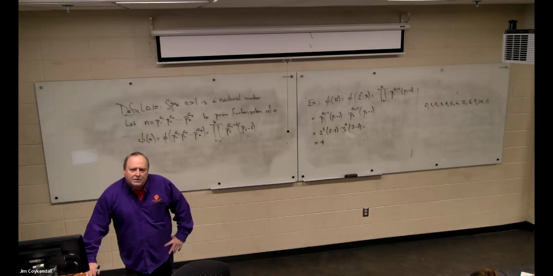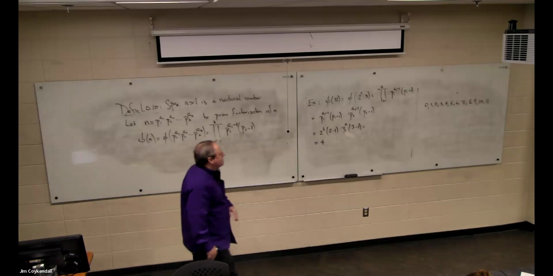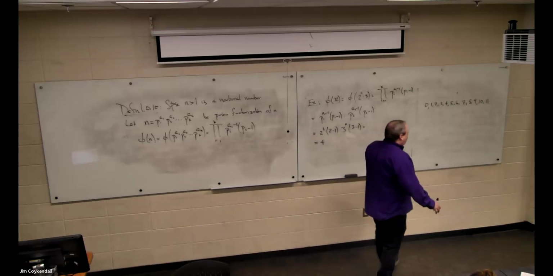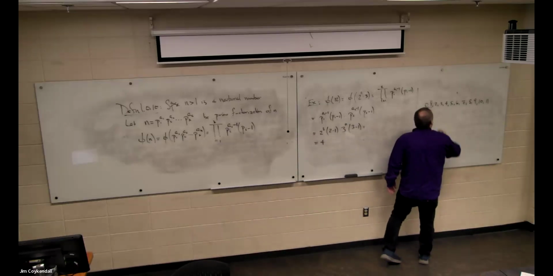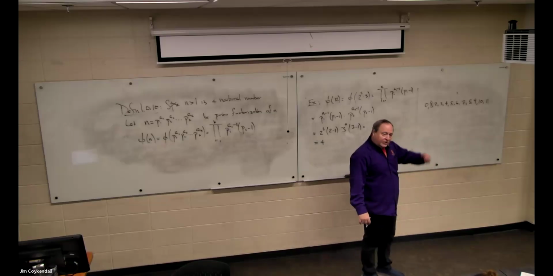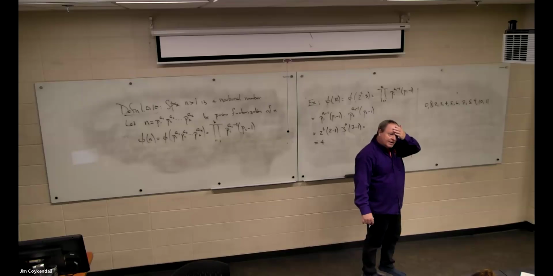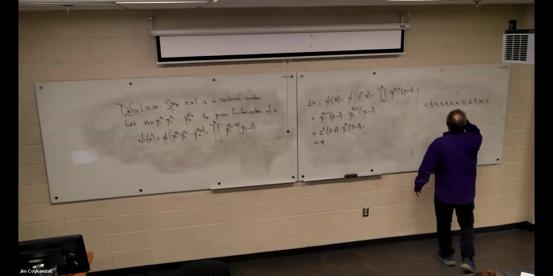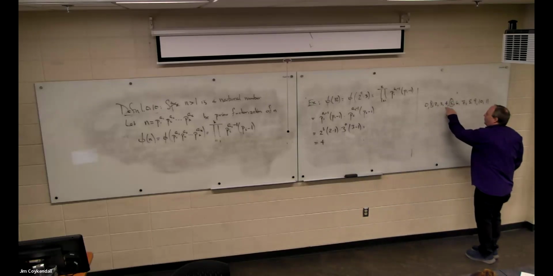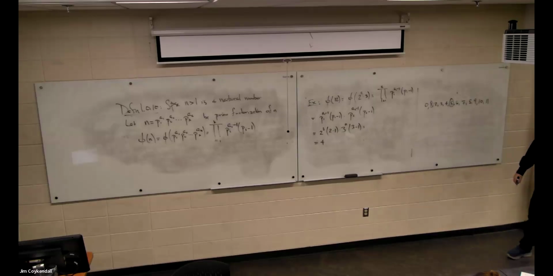I want to count how many of those things are relatively prime to 12, so it's got no factor in common with 12. Which one? Well, 1 for sure. The only factor that 1 has in common with 12 is 1 itself, right? What else? Yep, 5. 2, 3, and 4 are right out, right? Those don't work. How about next?